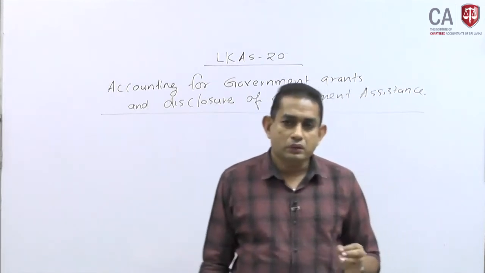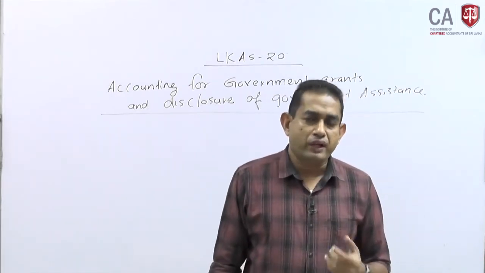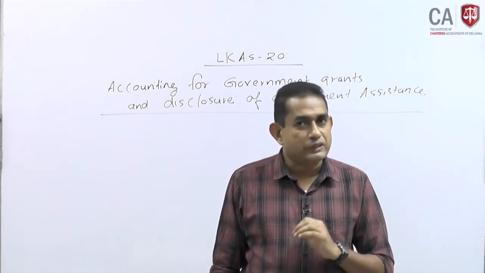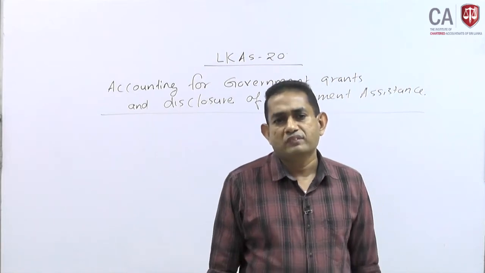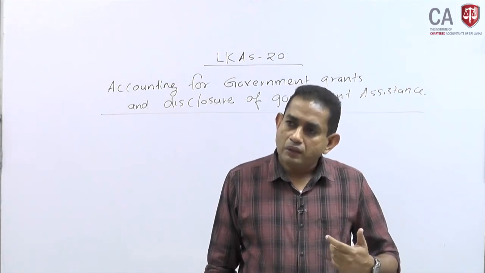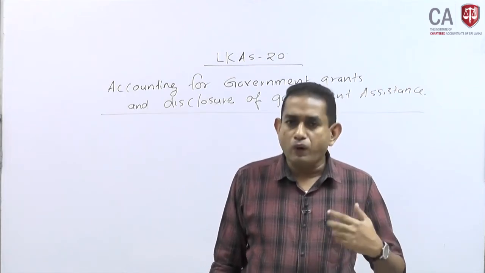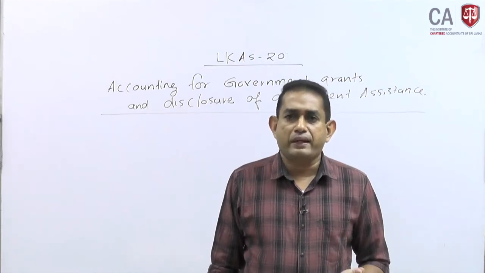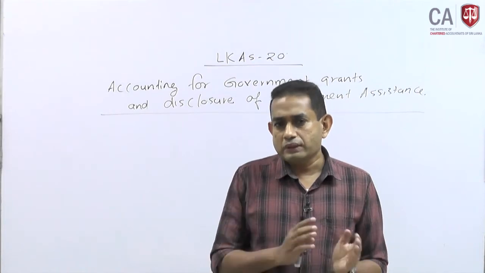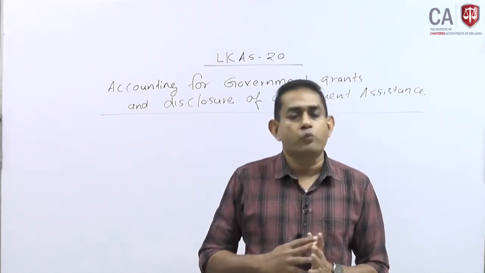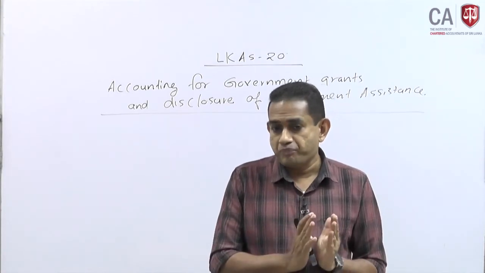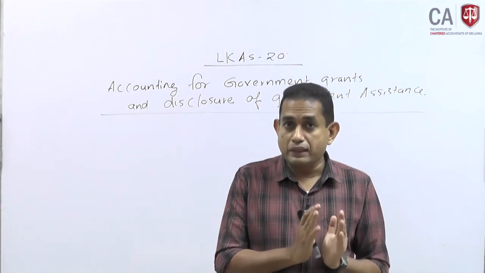But come on, I will not explain the concept of fair value because we have repetitively explained that concept almost everywhere, and this concept of fair value is defined in almost every accounting standard. Hardly do we get an accounting standard where fair value is not spoken about. So, just leave it aside for the moment and we will discuss the other important concepts which are unique in the discussion of LKAS 20.